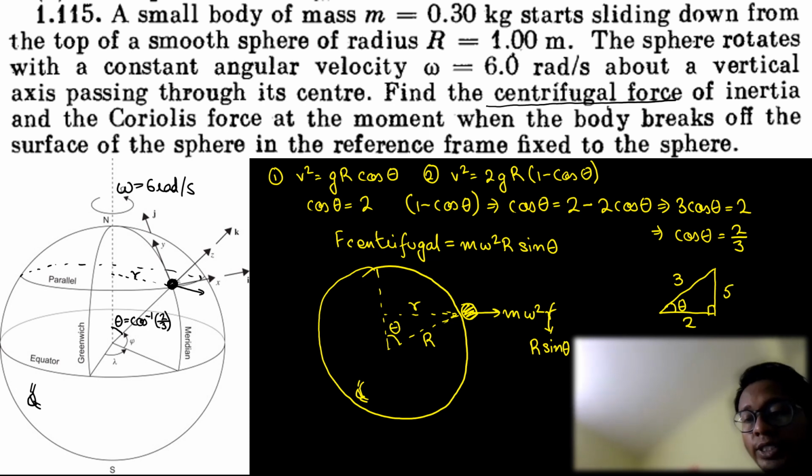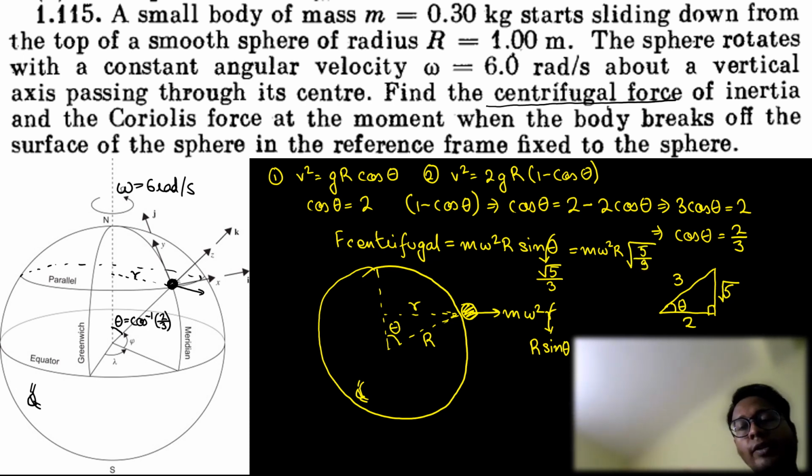So sin theta is nothing but under root of 5 by 3, which can also be written as m omega square r whole under root of 5 by 9. Understood? So this is the value of centrifugal force out here.